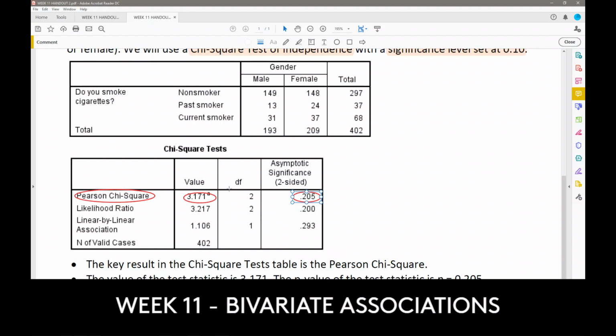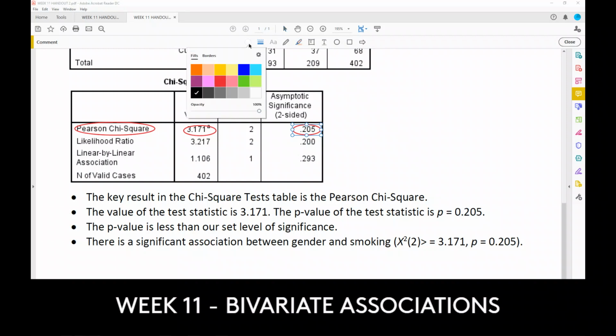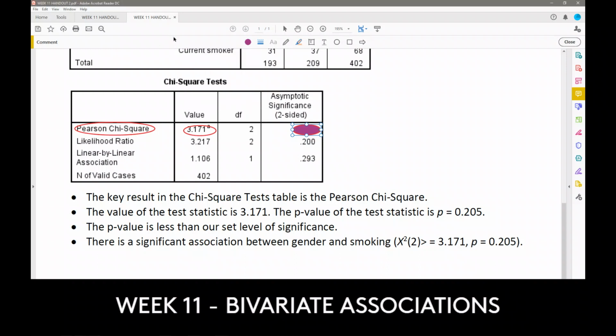We look at this output here and we can see several things. First of all, the result for this chi-square test looking at these variables shows a value of 3.171. This is the chi-square value.